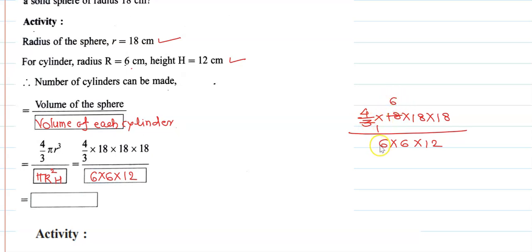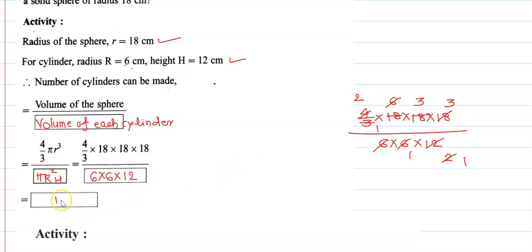3 6s are 18, and next this 6 will get cancelled, and again 6 1s are 6, 3 6s are 18. Okay, 6 2s are 12, and 6 3s are 18, 2 1s are 2, and 2 2s are 4. That's 2 into 3, 6, 6 into 3 is 18.